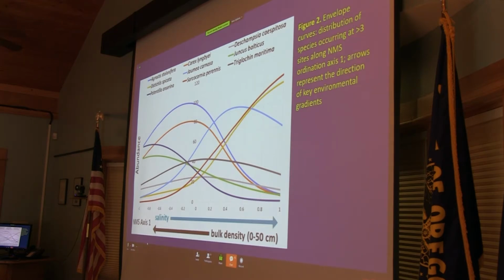As you move into higher salinity, the light blue is Jaumea carnosa, and then you see, of course, Sarcocornia and Distichlis spicata continually increasing as salinity increases. So we do find some of these physical variables correlate with composition, and differences in composition are largely what you would expect.